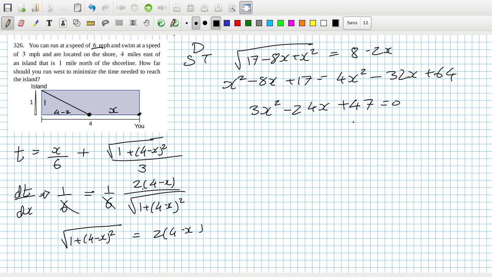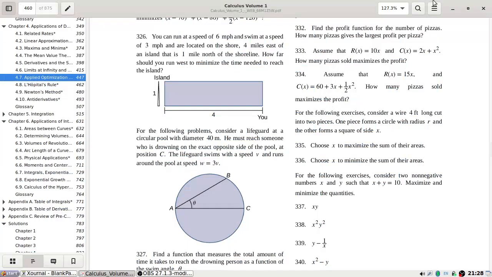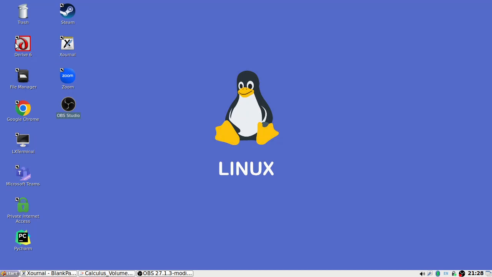Oh dear. I feel like I've done something wrong because I have 2 answers, and I don't know if that's right. So let's, you know what? Let's actually use the software to find our mistake.